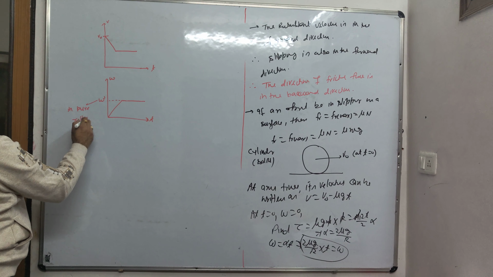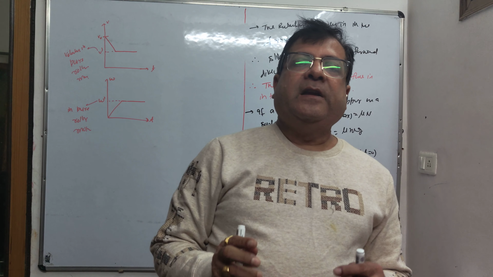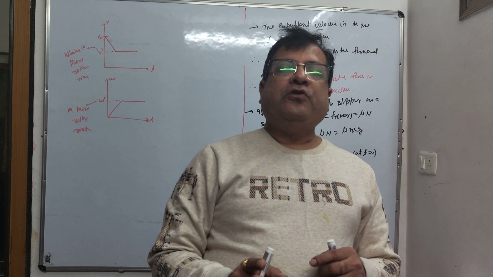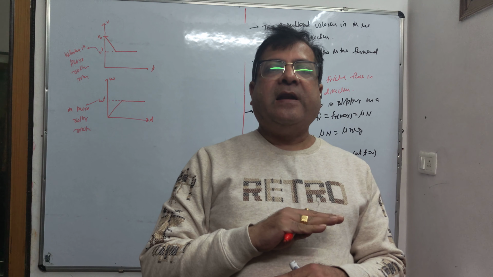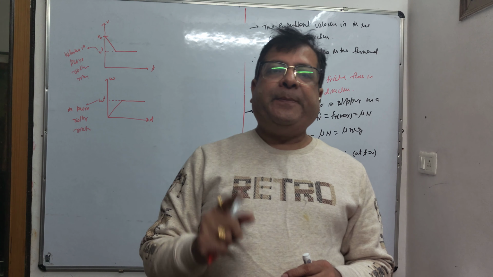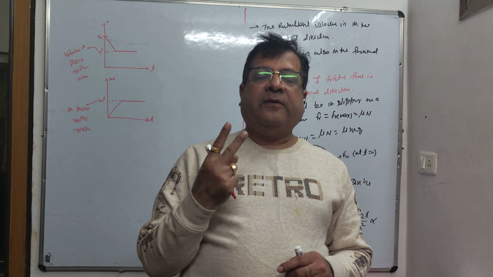So see, let me summarize here. Whenever you want to find out frictional force in rotational dynamics, classify: case 1, the object is in pure rolling motion, then never apply Fr is equal to mu times N. Case 2, if the object is slipping, then for direction, it always opposes the direction of slipping.